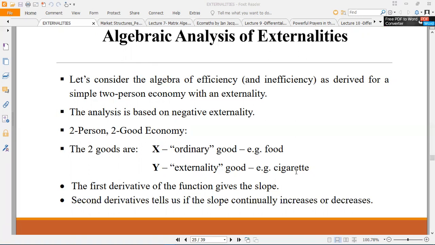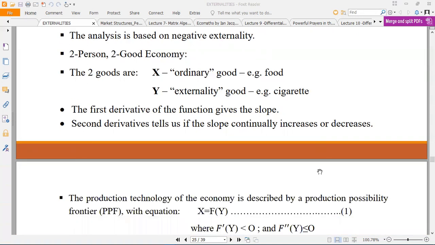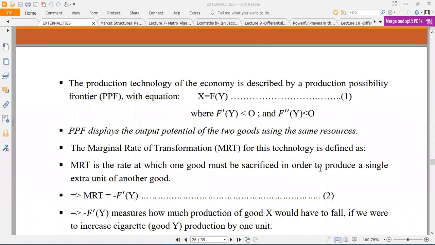So when you do this, though the second individual wouldn't be consuming any, there's second-hand smoking, which is a negative externality. In other words, it reduces the well-being of the person who isn't even smoking any of the cigarettes. Okay, so those are the two goods that we'll be dealing with.